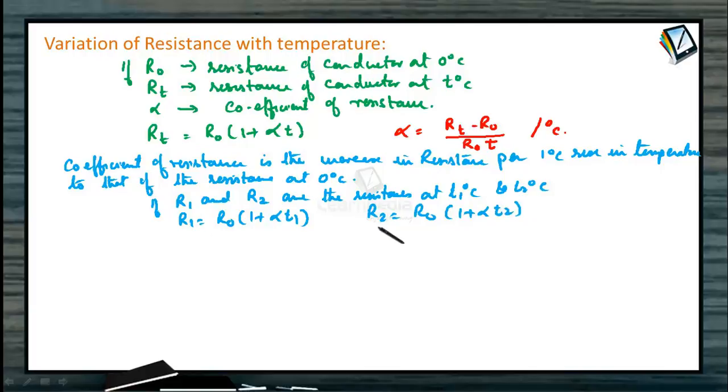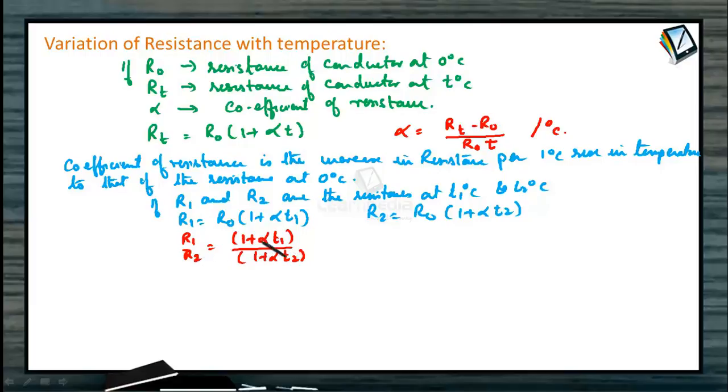Taking the ratio, R1 by R2 will be equal to (1 plus alpha T1) to that of (1 plus alpha T2). The value of alpha is different at different temperatures, so this is the temperature coefficient of resistance averaged over the temperature range between T1 and T2 degrees centigrade.